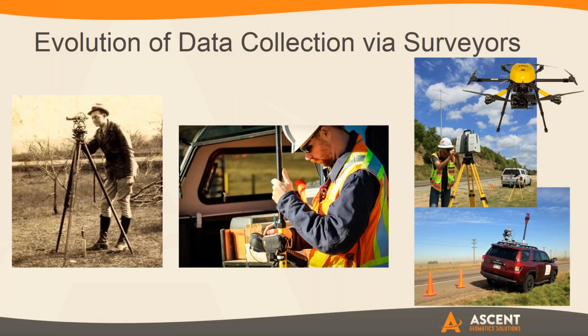About 20 years ago or so, the evolution moved to GPS units as the norm. And as you know, every single surveyor is using GPS today. What's interesting about this is it wasn't as trusted as a technology maybe 20, 25 years ago, whereas today, obviously, it's very much the norm.